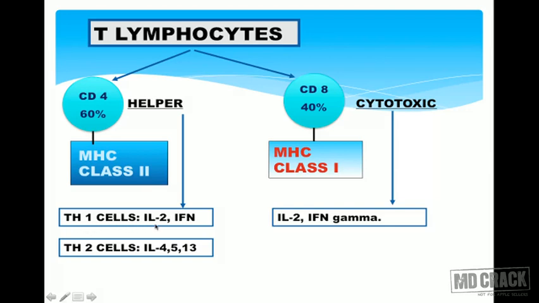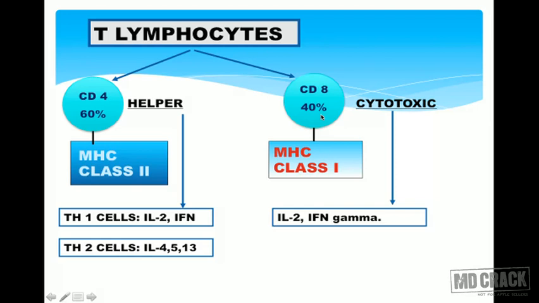T helper 1 cells will synthesize and secrete interleukin 2 and interferon gamma. Interferon gamma is a very important cytokine for attraction of the macrophages. T helper 2 lymphocytes secrete interleukin 4, interleukin 5 and interleukin 13. Interleukin 5 and 13 are very important for attraction of the eosinophils.